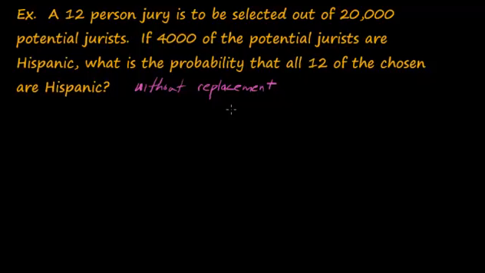So in that case, normally we would say, well, this would be the probability of, and I'll just use an H, Hispanic, for the first juror, and a Hispanic chosen for the second, and instead of writing them all, I'll just do this, and a Hispanic chosen for the 12th juror, which we know we would write a very complicated probability here.